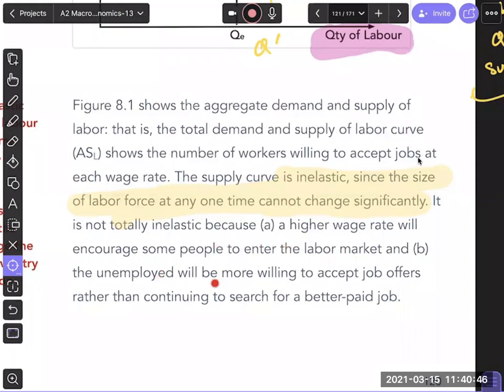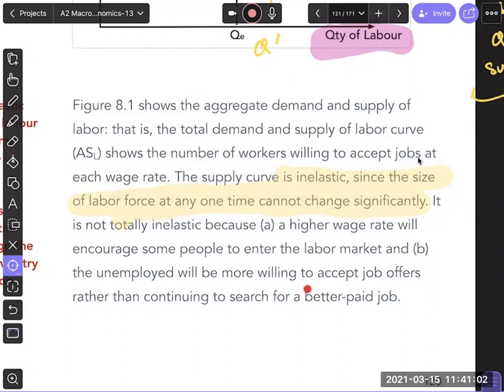Also, the unemployed will be more willing to accept jobs rather than continuing to search for a better job when the wage rate is high. Let's say I'm looking for a better job, and a better job could be not only because the salary is better, but also because the kind of work is better.